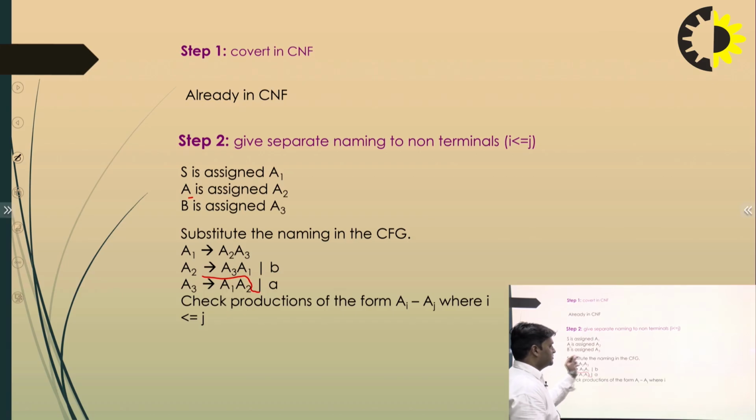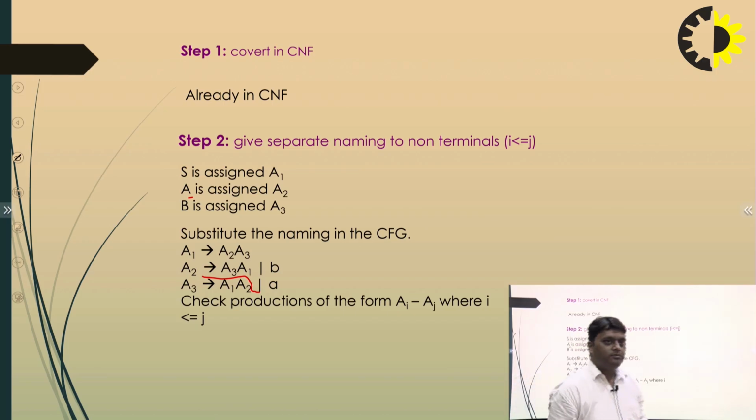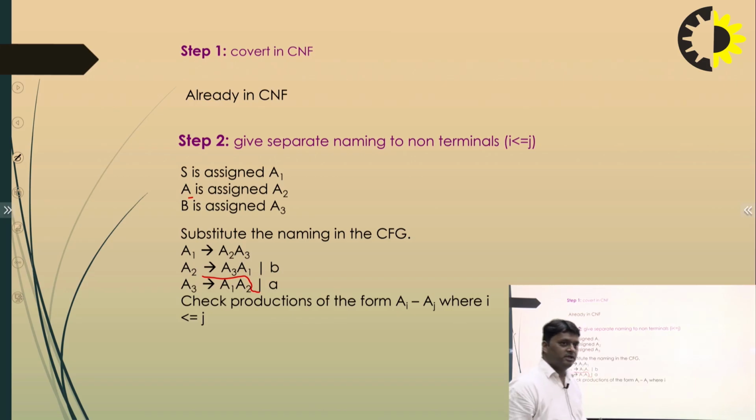So we substitute these names into the given context-free grammar. We get A1 implies A2 A3, A2 implies A3 A1 | B, and A3 implies A1 A2 | A. Now check the condition Ai implies Aj, where i should be less than or equal to j.